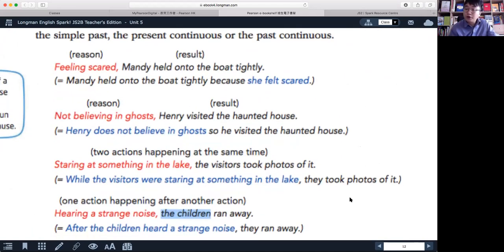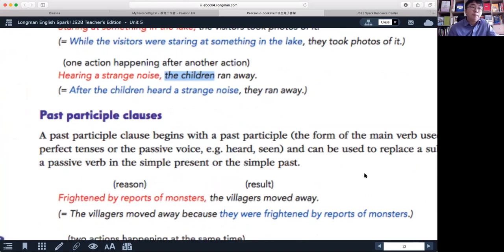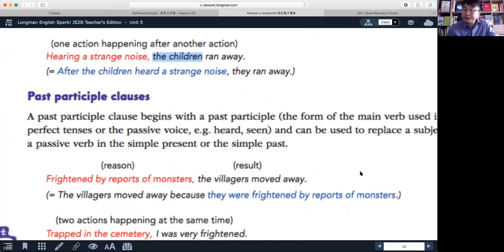I told you there are two types of participle clauses that we are going to learn today. The second type is past participle clauses. And I tell you, this is more difficult than the first one. You may wonder, oh, Mr. Guan, I remember you mentioned that we can use simple past and also past continuous tense in present participle clauses.